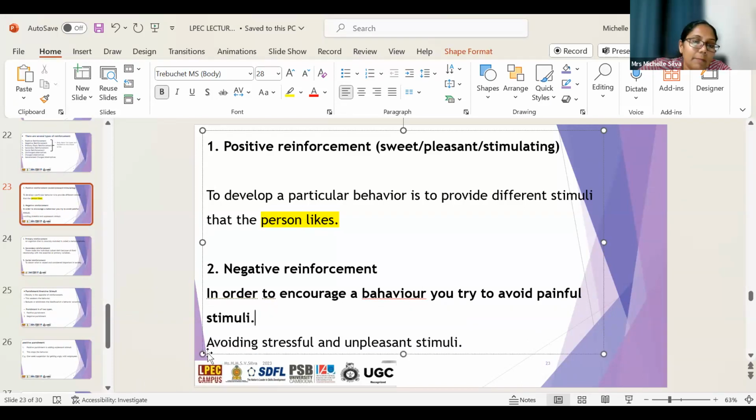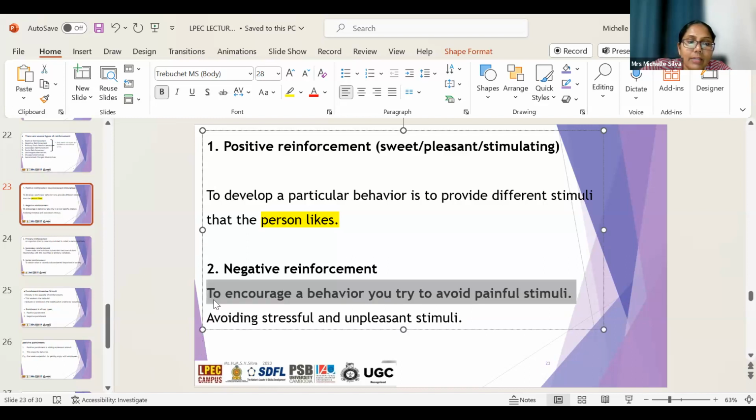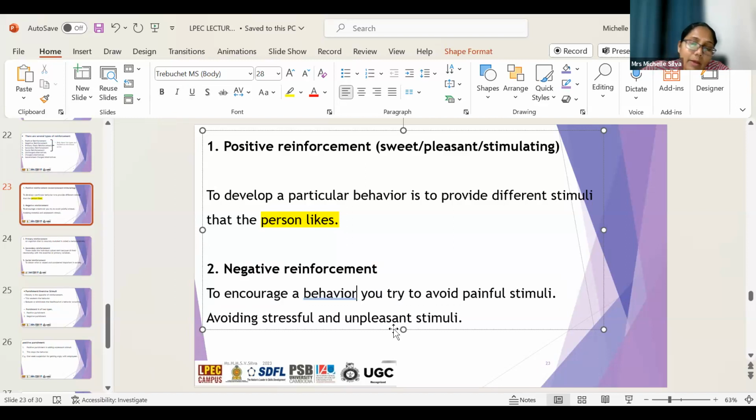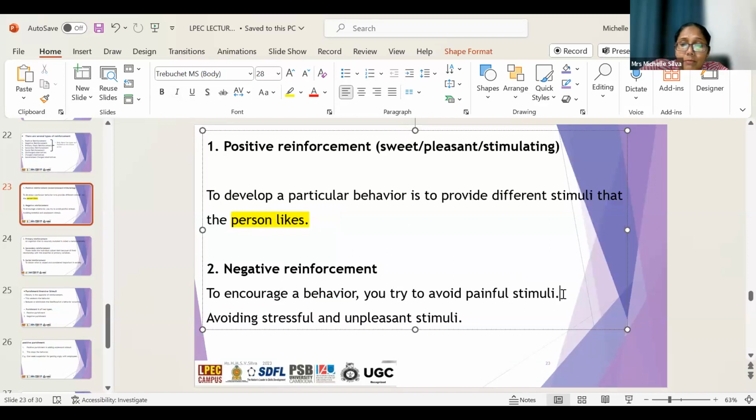As an example, let's say your child is requesting a toy from you and she is continuously crying. Think of a friend's baby, or your own baby, crying and asking for something. It's a negative reinforcement, because you want to avoid that painful stimuli, since the child is crying. Let's say the example is your child crying for a doll. What is your painful stimuli?